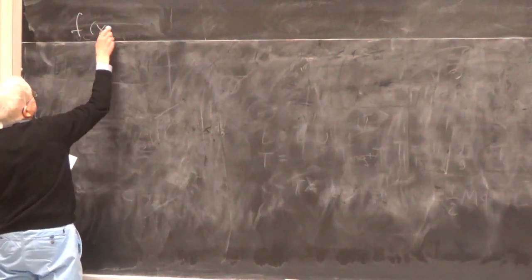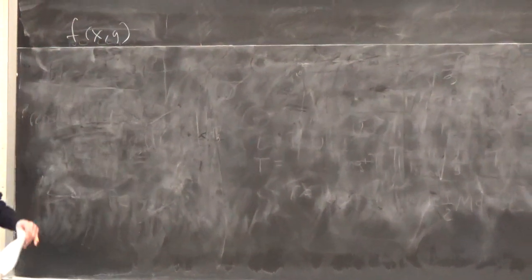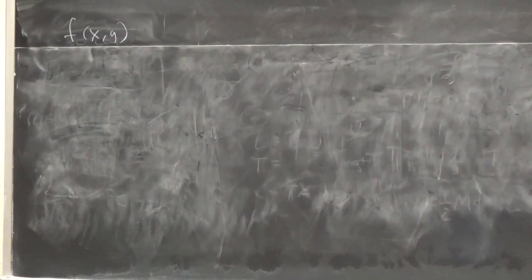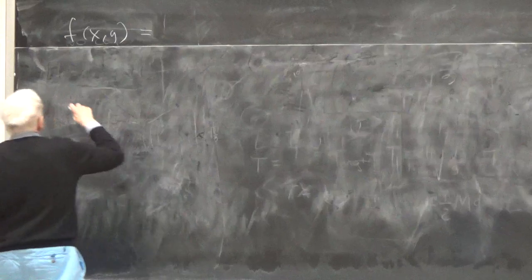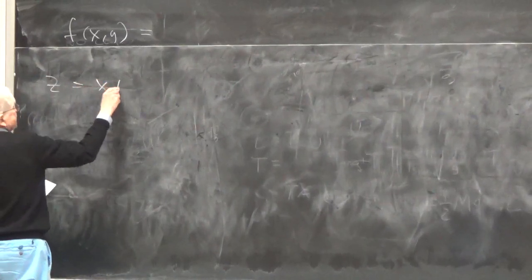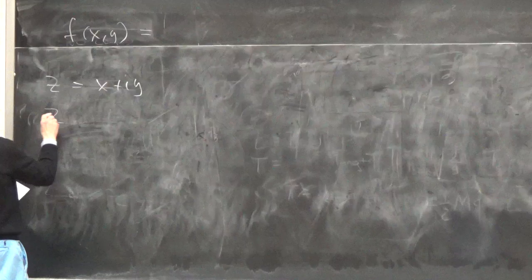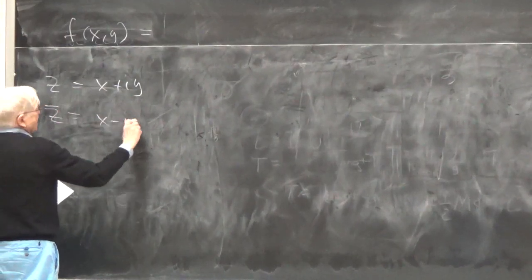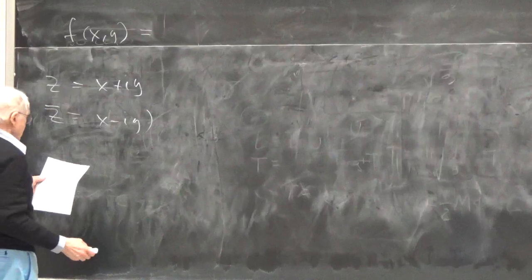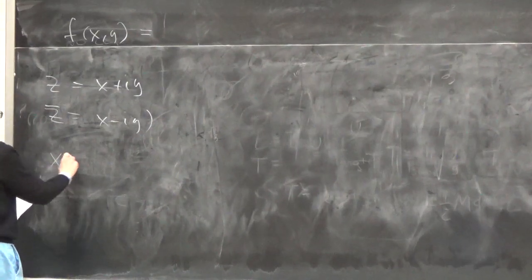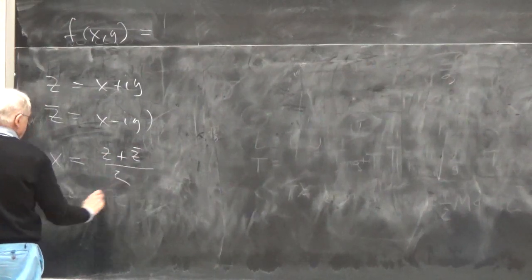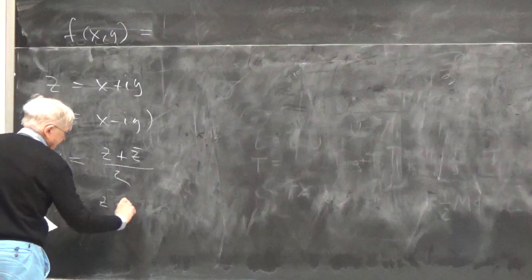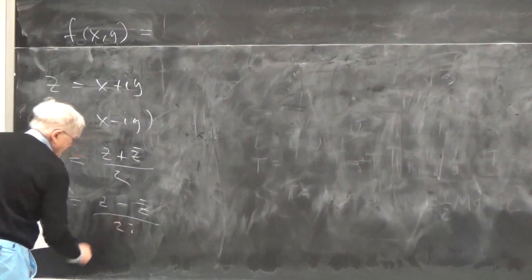suppose we think of a function of two variables. Now, of course, if a function is a function of x and y, it might be analytic, it might not be analytic. In general, it would not be analytic. And inasmuch as z is x plus iy, and z bar is x minus iy, we can rewrite x as z plus z bar over 2, and y as z minus z bar over 2i.